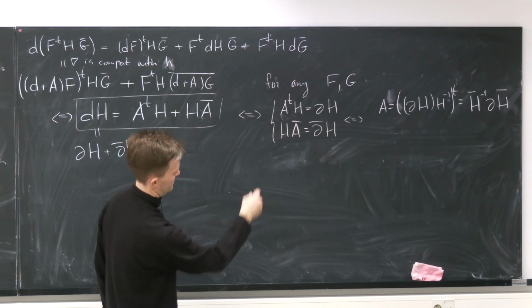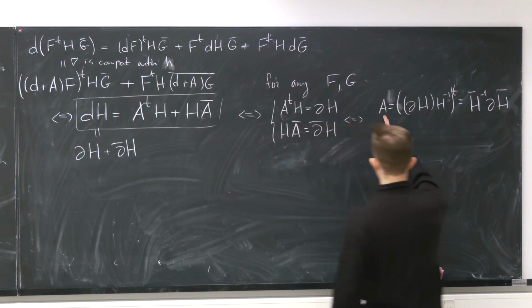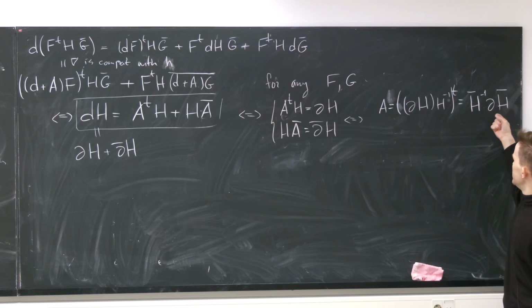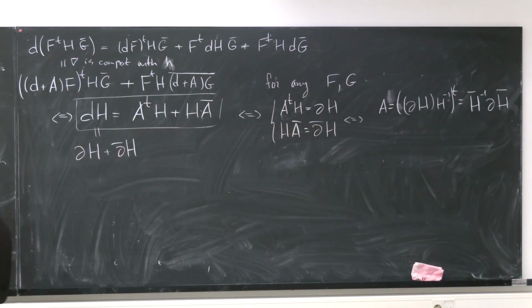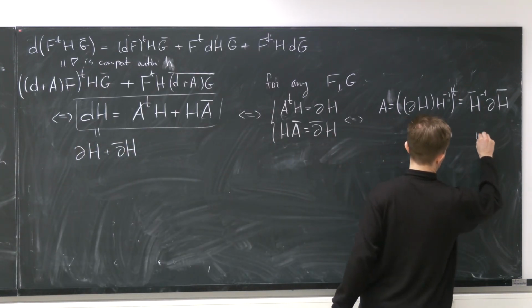So that's the same condition, obviously. So you see, my two conditions uniquely determine this matrix valued matrix of one forms A. So from here I see that locally it always exists and it is unique, so it's just given by this expression. So this proves the proposition.